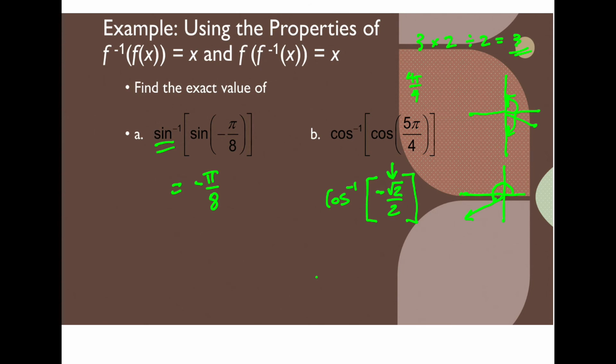But cosine is relegated to just the first and second quadrants, 0 to pi. And so we have to think, what is the angle that would give us a negative root 2 over 2 for cosine in this quadrant, because this is the quadrant where cosine is negative for arc cosine.